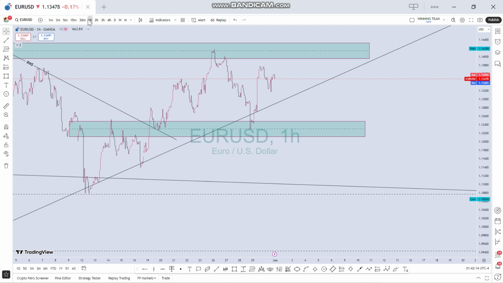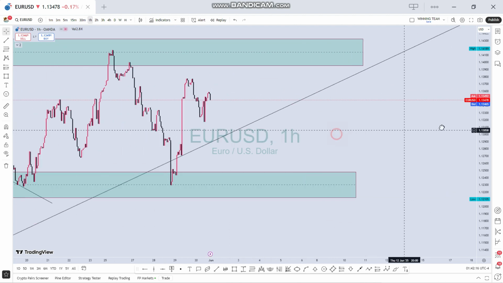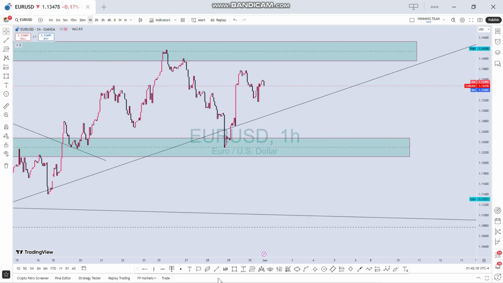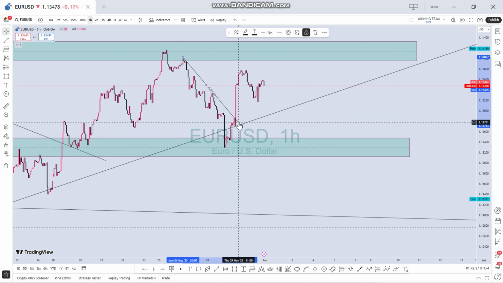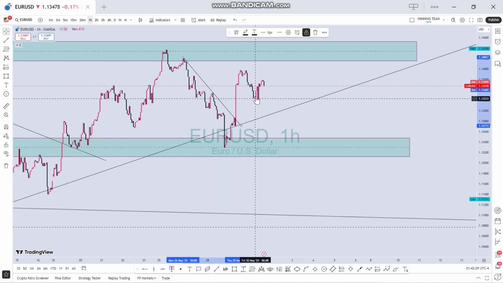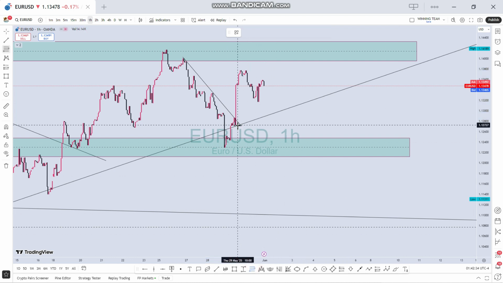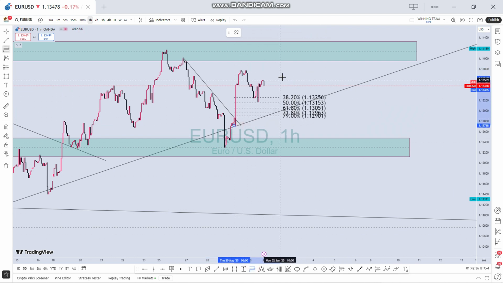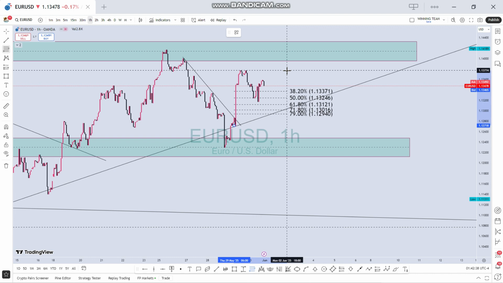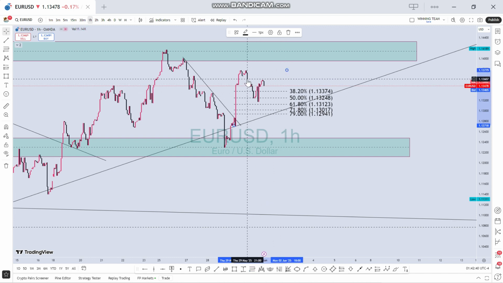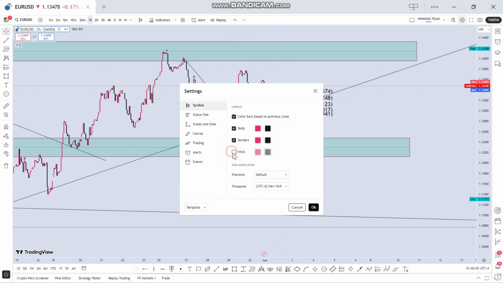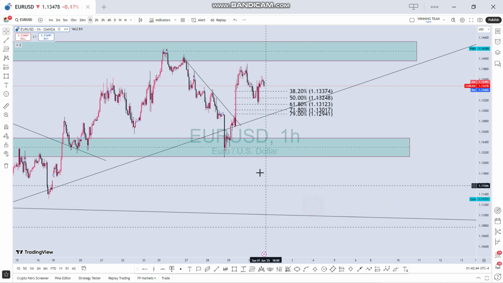We cannot say it's bearish until it breaks below, because you can see every time it consolidates down, it always ends with a sharp break above the resistance. You can see it had this resistance here, and then this was a sharp break above, and then a continuous move to the upside. If you take your Fibonacci now to measure the break and where the market is now, and we turn on our wicks, you can see that the market might have tapped on our 61%.